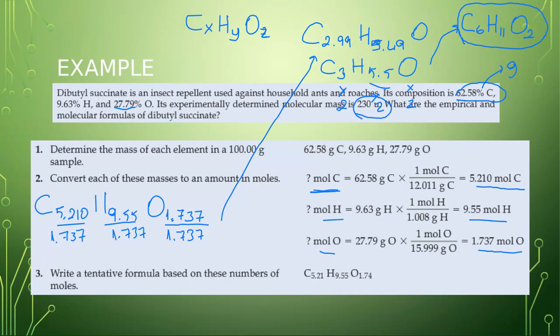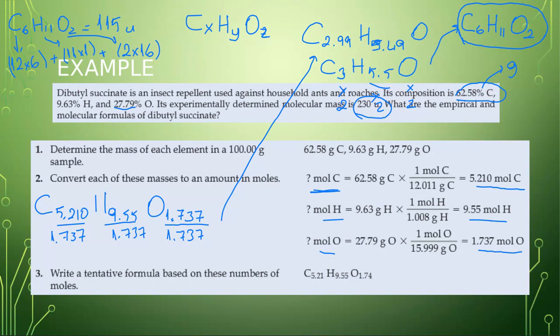But here we have to calculate the empirical formula mass: carbon 12 multiplied by 6, hydrogen 1 multiplied by 11, and oxygen 16 multiplied by 2, and you will find this is 115 U. Okay, 115 U, but you have the experimentally determined molecular mass.